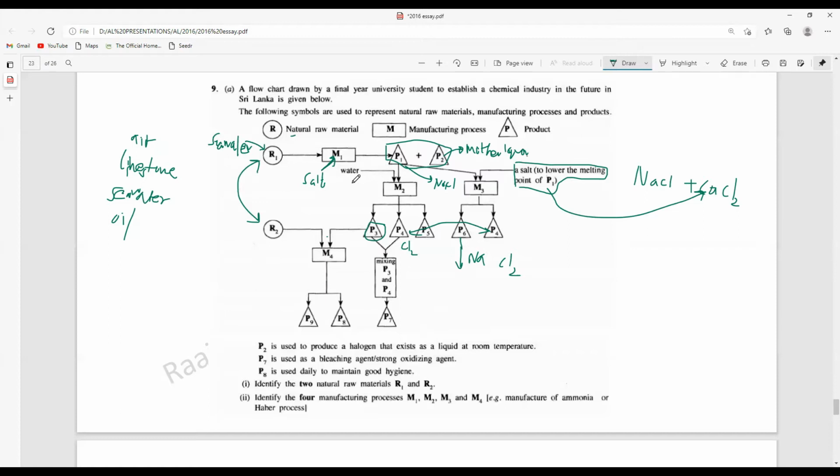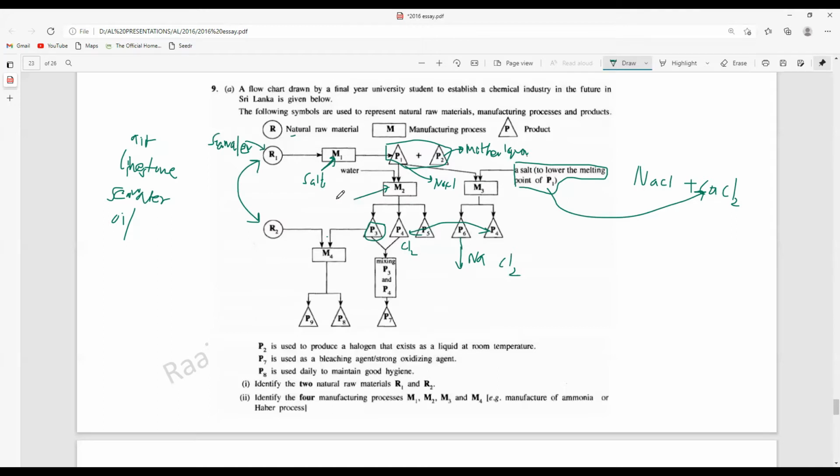And you have NaCl, so you add water. Here you obtain NaCl, so you add water. And here I think it's the electrolysis, right? Because when you do the electrolysis of fused NaCl, you get sodium. But when you add water, you have H+ and OH- ions.